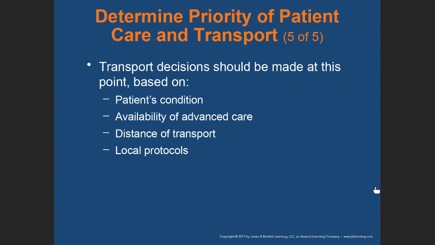Based on that, you will determine which facility would be appropriate for the patient. So it's not necessarily the facility that is closest, but more the facility that has the resources, whether in equipment or manpower, to deal with that type of patient.